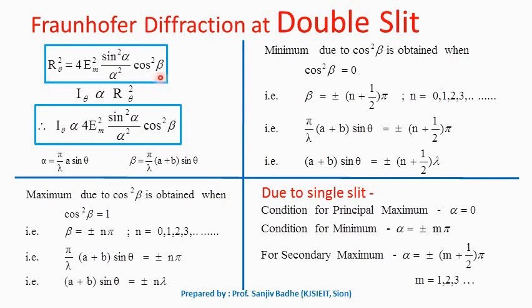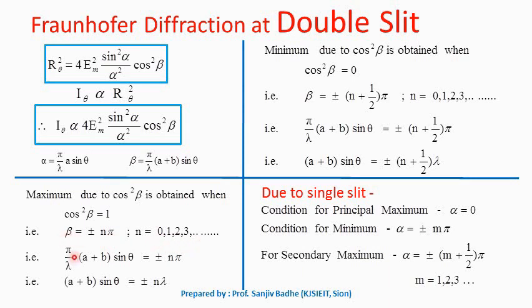Let us see when we will get maximum due to the cos square beta factor and when we will get minimum due to it. Maximum due to cos square beta will be obtained when cos square beta is equal to 1, since the maximum value of cos beta is 1. Cos square beta will be 1 when beta is equal to plus or minus n pi, where n is an integer, 0, 1, 2, 3 and so on.